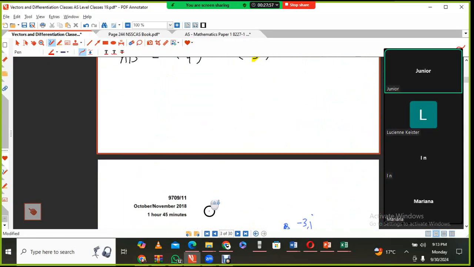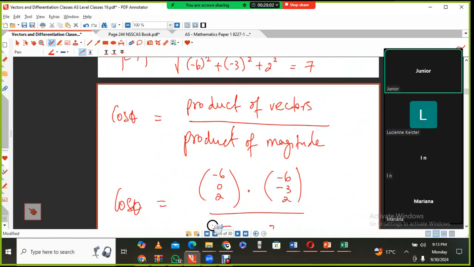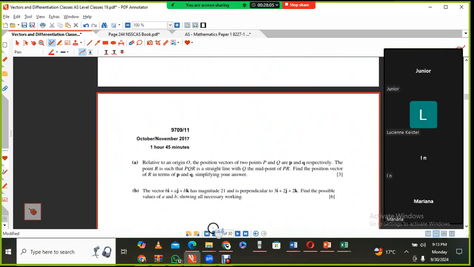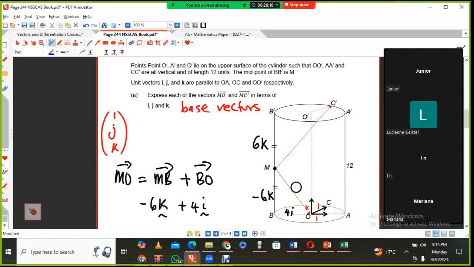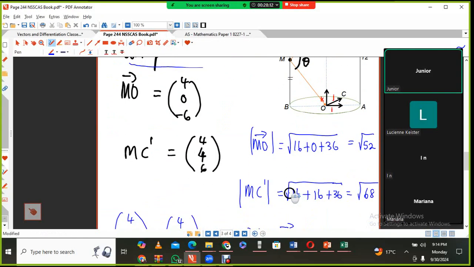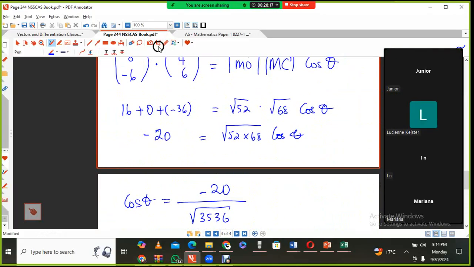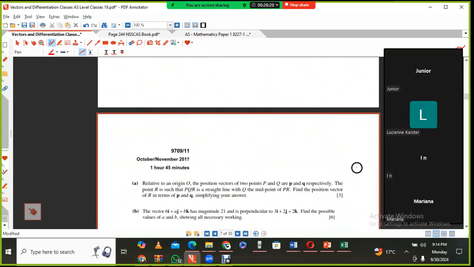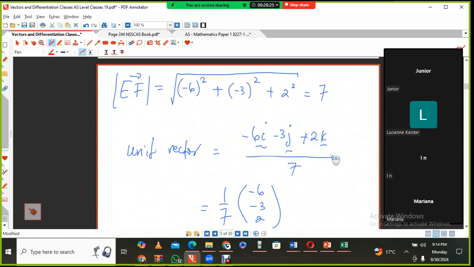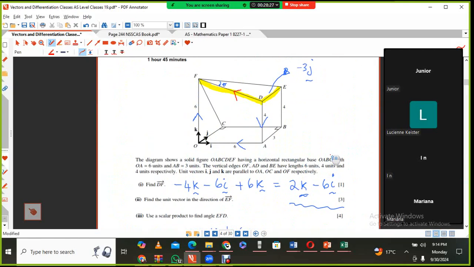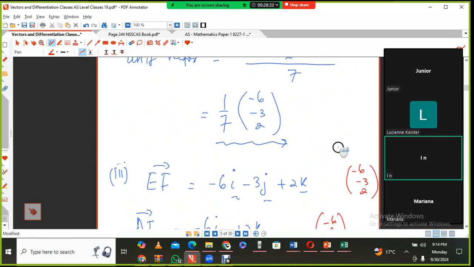Remember I highlighted it there. It was 2015, Roman 2, Roman 1.